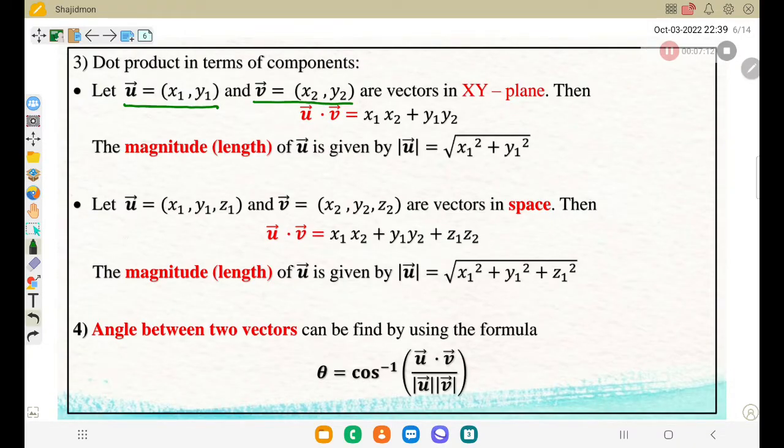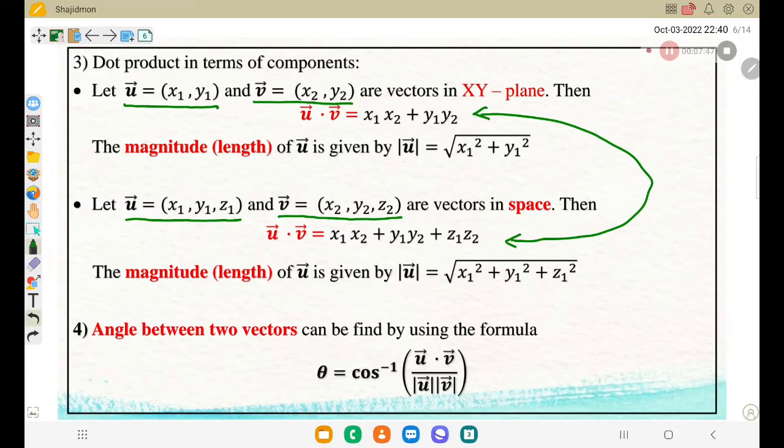Now if we go to the space, that means when we take vector u equal to (x1, y1, z1), vector v equal to (x2, y2, z2) from the space, then for u dot v one more component is extra here, z1, correct? So how are we writing? x1 multiplied by x2 plus y1 multiplied by y2 plus z1 multiplied by z2. One more component comes extra when we compare plane and space. And magnitude of u is root of x square plus y square plus z square.